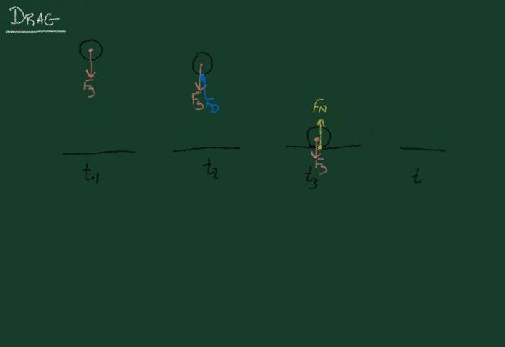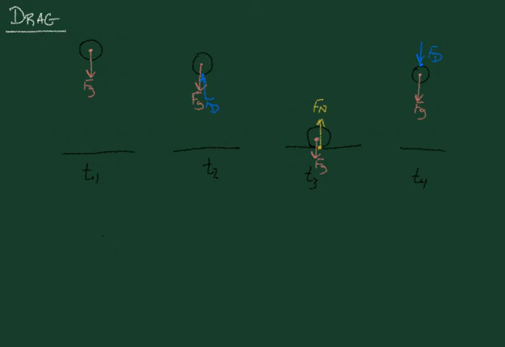And then a little while later, once the ball is moving up in the air again, you have a force of gravity acting down on it. And now you have a drag force, but now the drag force is pushing down on it because the ball is going up. So you have the drag force pushing back on it.